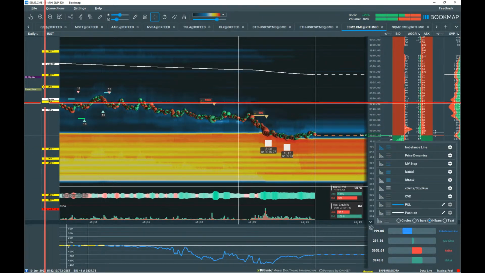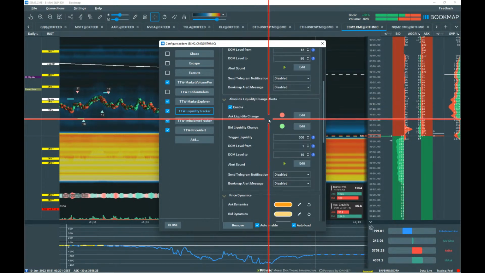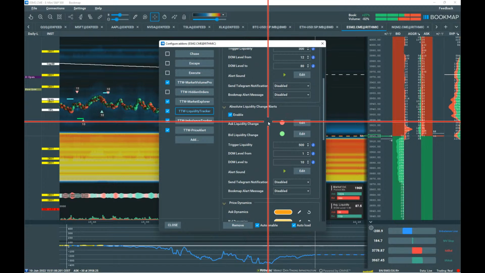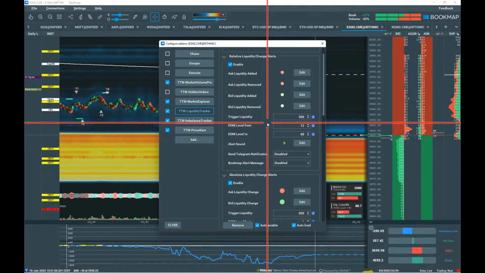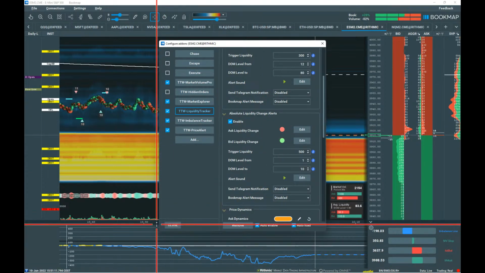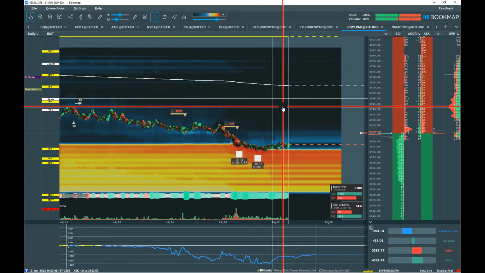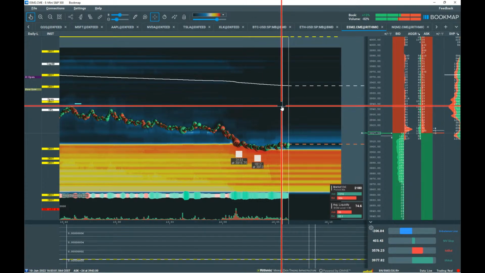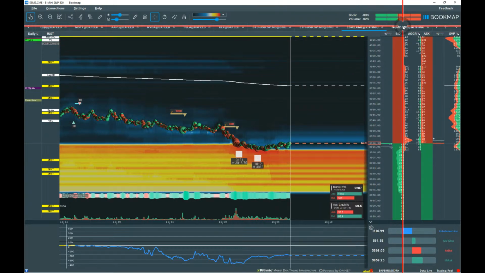Okay, the next point we have here in the liquidity tracker, ladies and gentlemen, is the absolute liquidity change alerts and relative liquidity change alerts. I'm just wondering if we can display something, because we have a wall of liquidity here, and that will make it really hard to explain this today.